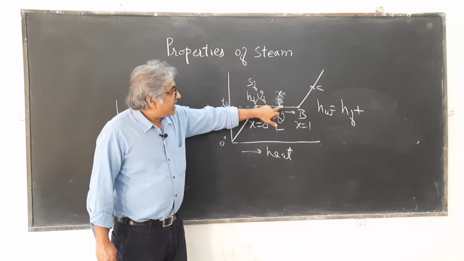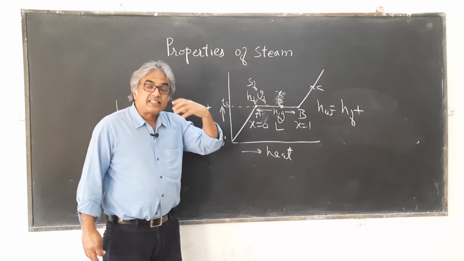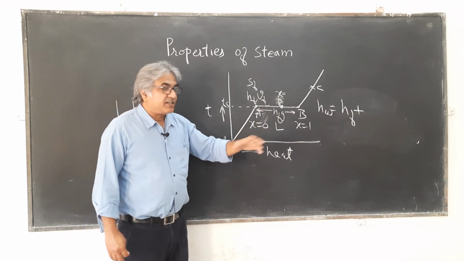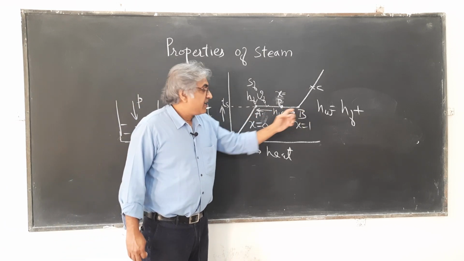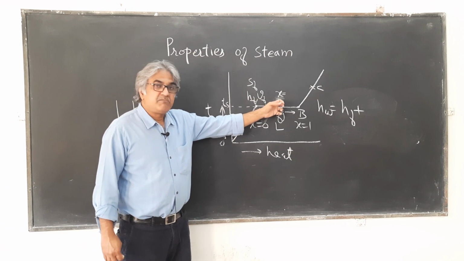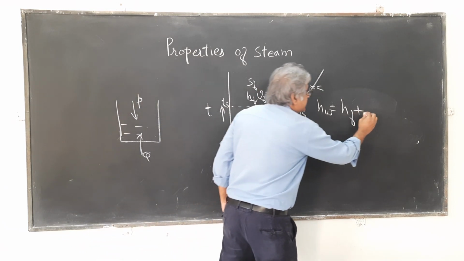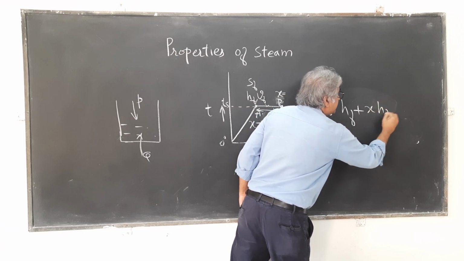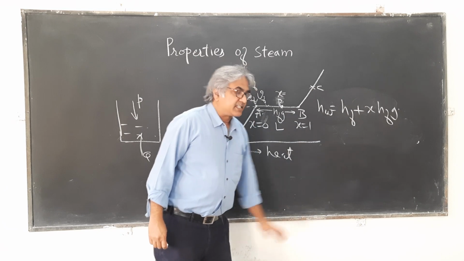So the enthalpy at this point is hf plus x times hfg. x is the percentage of hfg you have added. If you add 100%, the steam becomes 100% dry. If you add 60%, the steam becomes 60% dry. So the enthalpy of wet steam is hf plus x hfg.